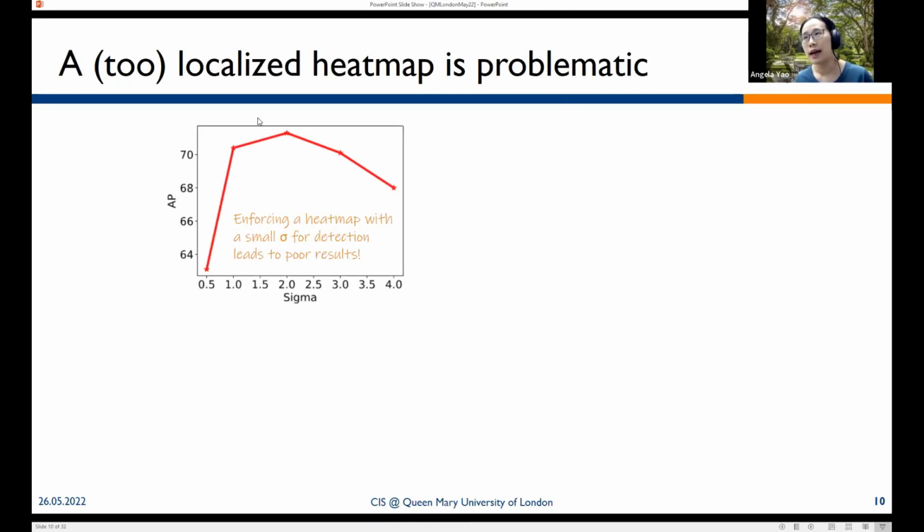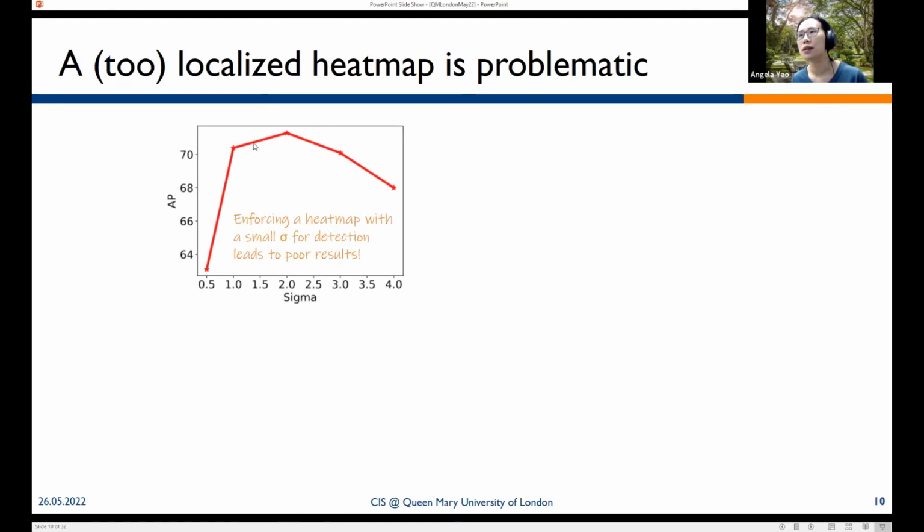One is for the detection-based methods. Because we're constructing these ground truth heat maps, we can decide what sigma we want to use to create these Gaussian-based heat maps for supervision in the first place. The standard is a sigma of 2, but because we're constructing these ourselves, we can vary them ourselves also.